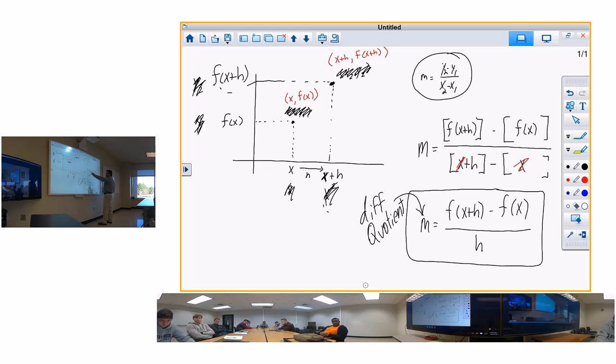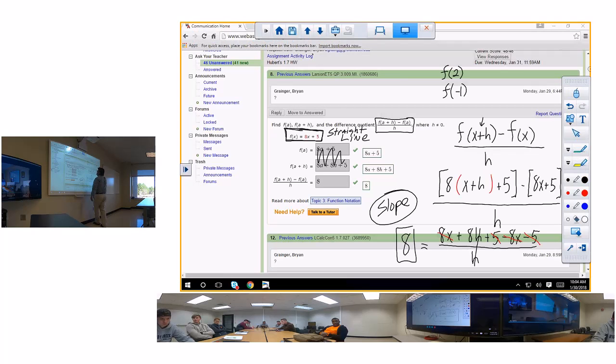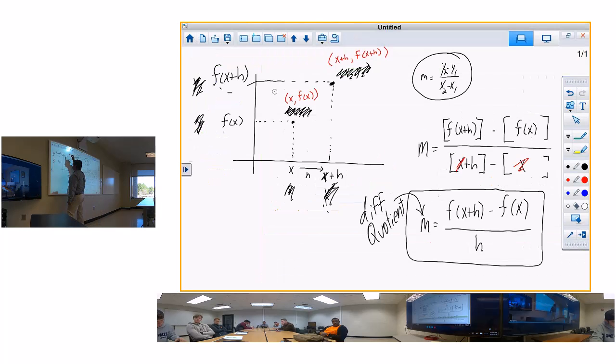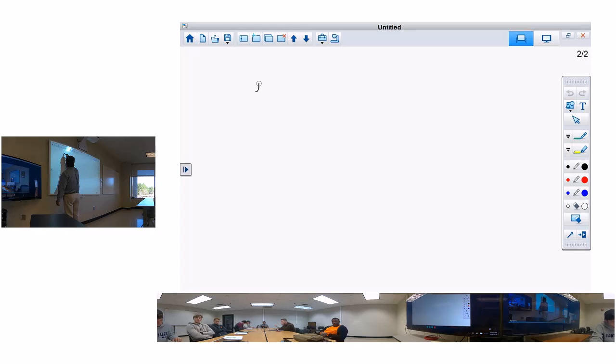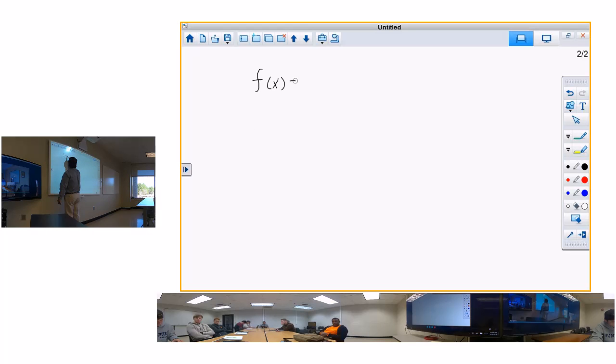This is algebra. Let's say we have f of x is equal to x squared. And y'all know that that function looks like this, right?